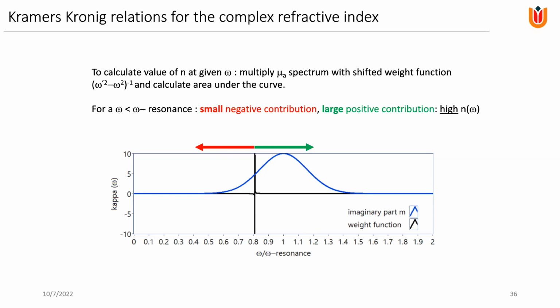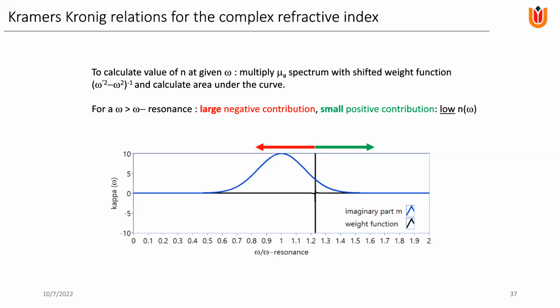So we multiply it and calculate the area under the curves. This function is completely symmetrical. So if we place it here and calculate the areas, then we will get a small negative contribution from this area, and a larger positive contribution from this part of the area. That means that adding both, we get a higher value of the refractive index.